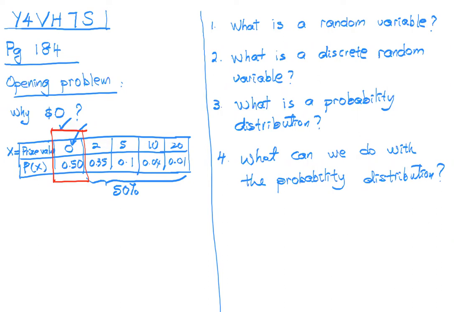So what if the question asks, what is a random variable? If you're writing your folio, you want to define a random variable. How are you going to define it? Using numerical value to describe the result. Okay, when you talk about probability, when you talk about an event, we don't use the word result, we use the word outcomes.